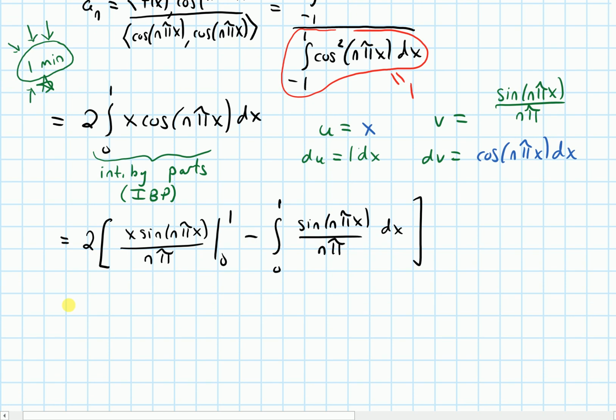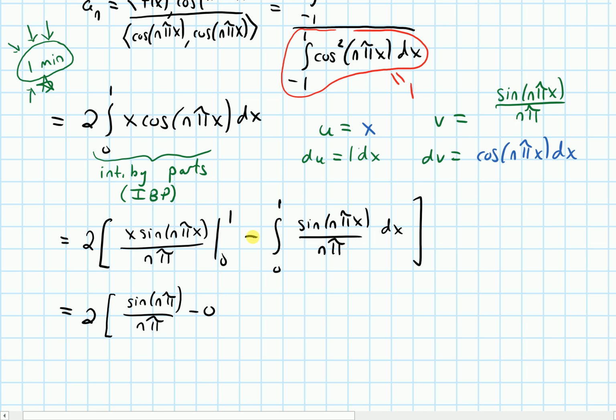All right, so what we have here is we have 2. So now if we plug 1 in for the x, what we end up with is sine of n pi over n pi. If you plug in 0, you'll get 0 times something, which is 0. So minus 0. Okay, and then if you take the antiderivative of sine, it's negative cosine.